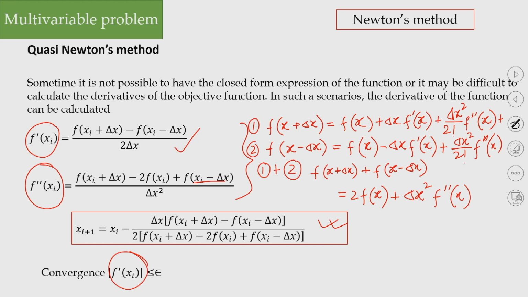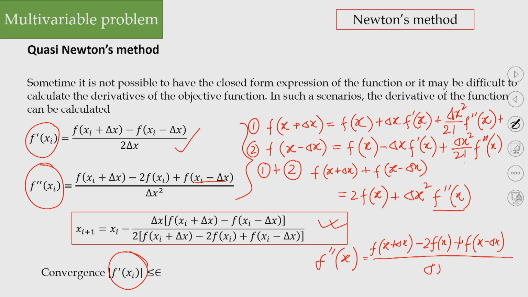From here I can write the second derivative: it is equal to f of x plus delta x, minus twice f of x, plus f of x minus delta x, divided by delta x square.